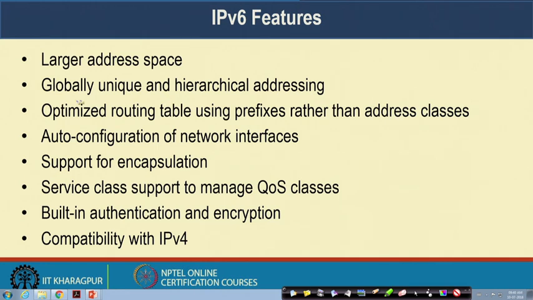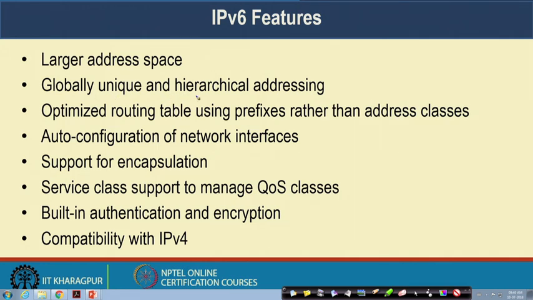Also, we have private IPs and private LANs in between, using the NAT concept, which moves a little further away from the global hierarchical structure. But with the IPv6 address, we try to build a globally unique and hierarchical addressing scheme.